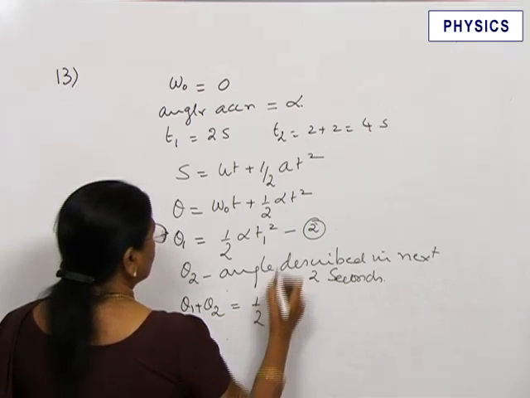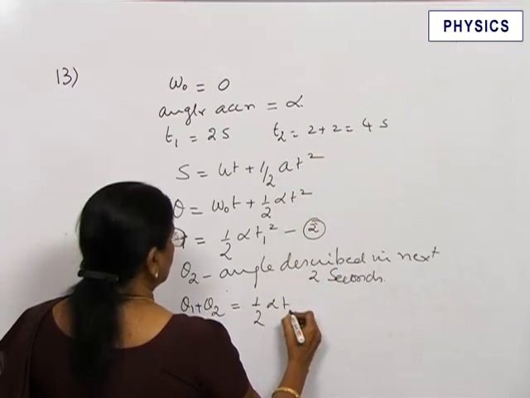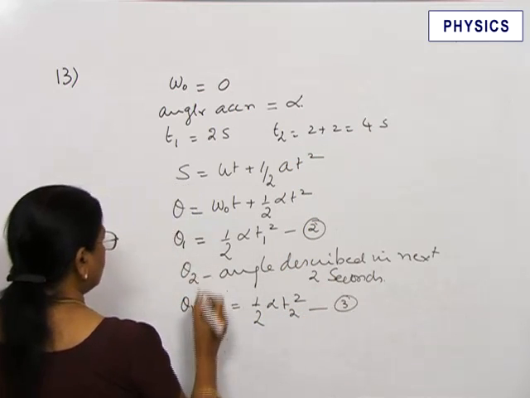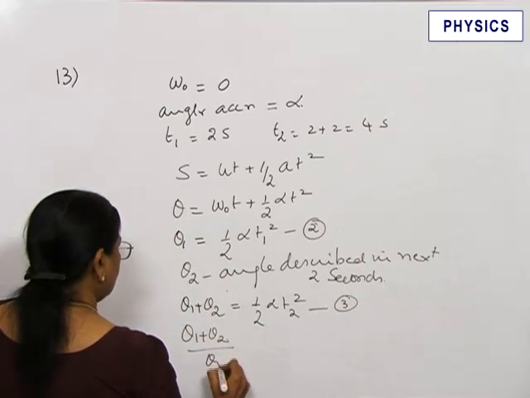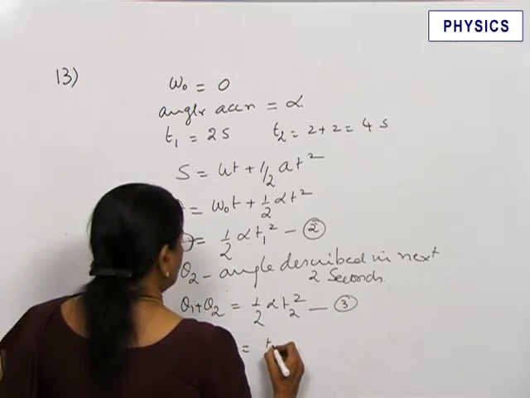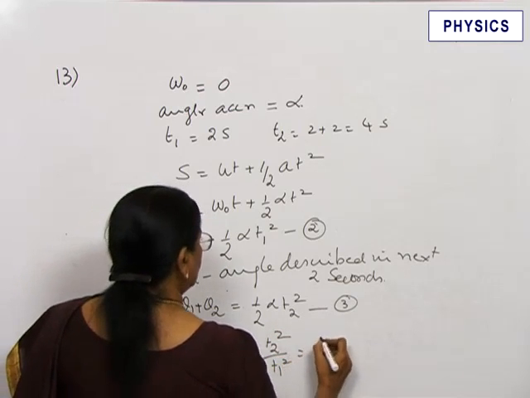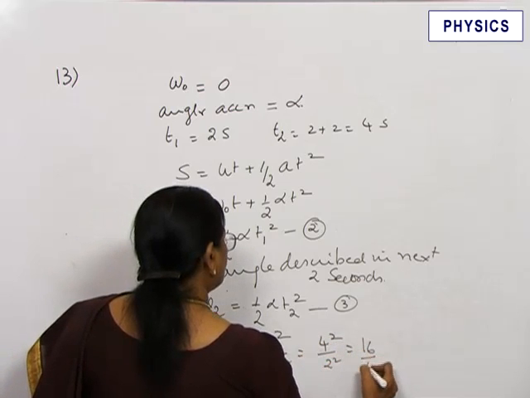Now the time interval is 2 plus 2, 4. So theta 1 plus theta 2 equals half alpha t2 squared. Dividing 3 by 2, theta 1 plus theta 2 divided by theta 1 gives us t2 squared by t1 squared, 4 squared by 2 squared, 16 by 4.